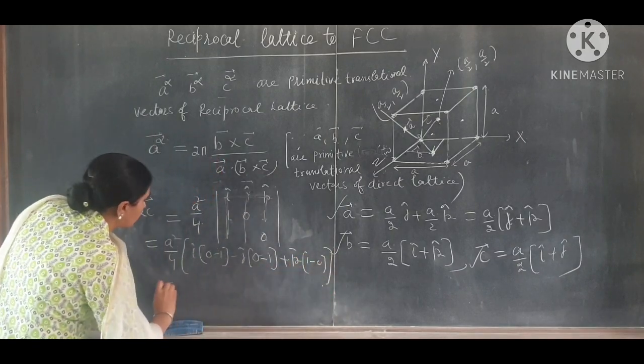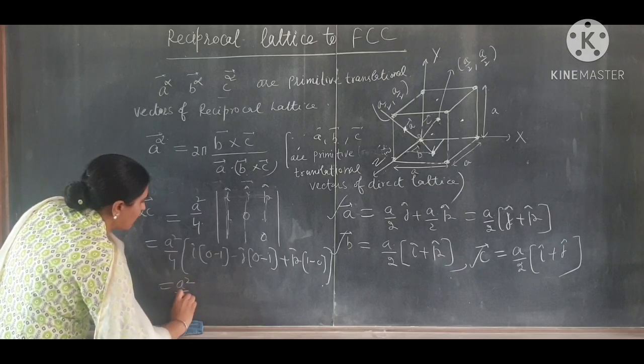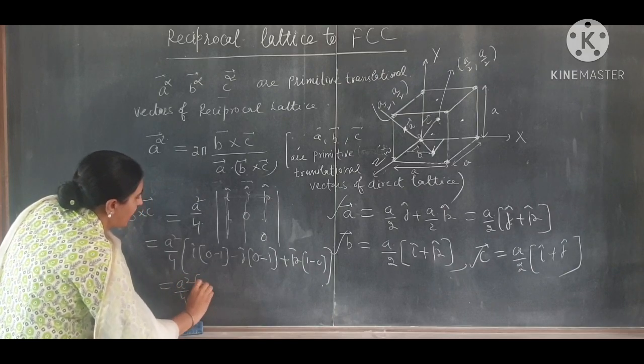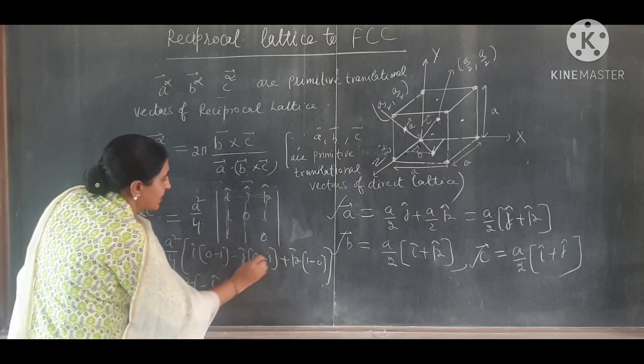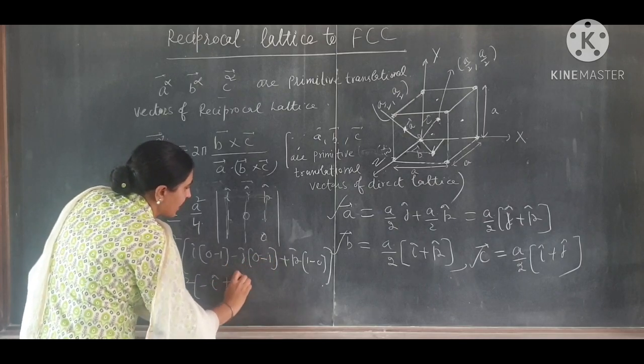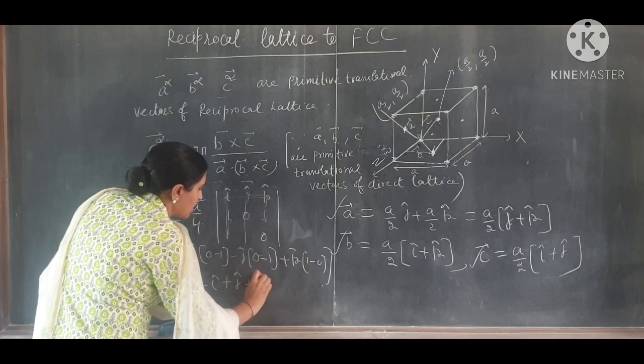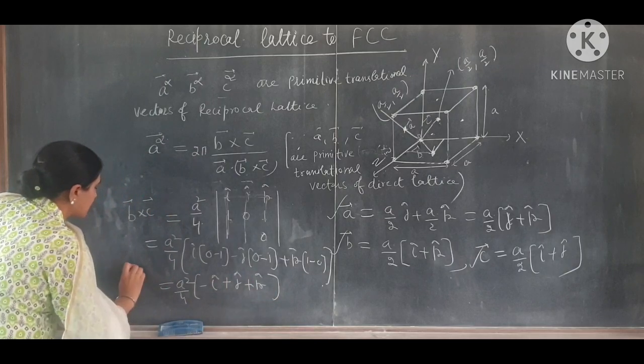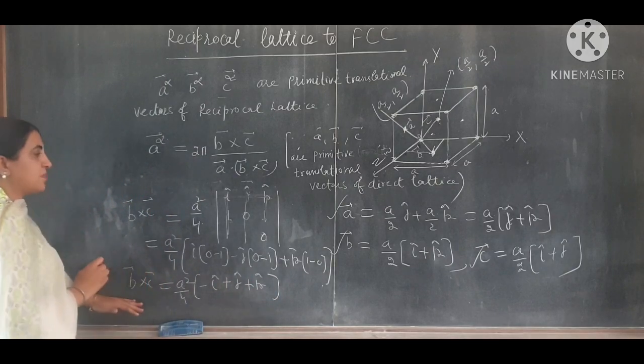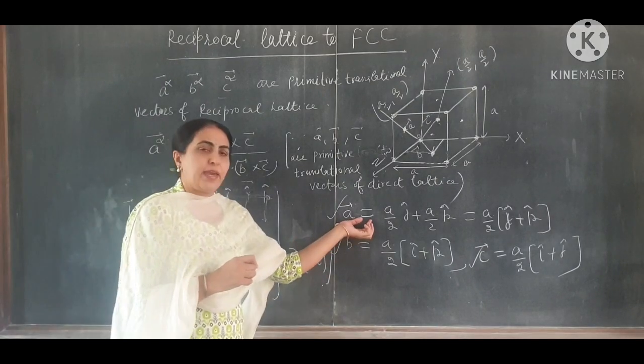So this comes out to be a square by 4 minus i cap plus j cap plus k cap. So this is our b cross c.